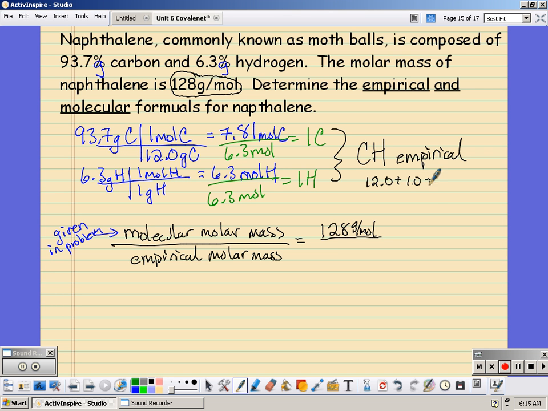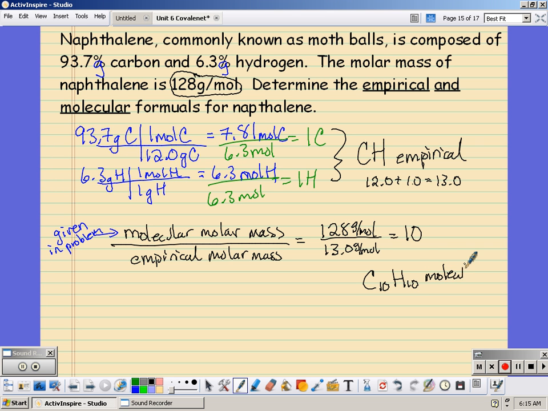So the empirical molar mass is 13 grams per mole. And we get a multiple of 10. So that means I'm going to multiply my subscripts by 10. So C10H10 would be my molecular formula.